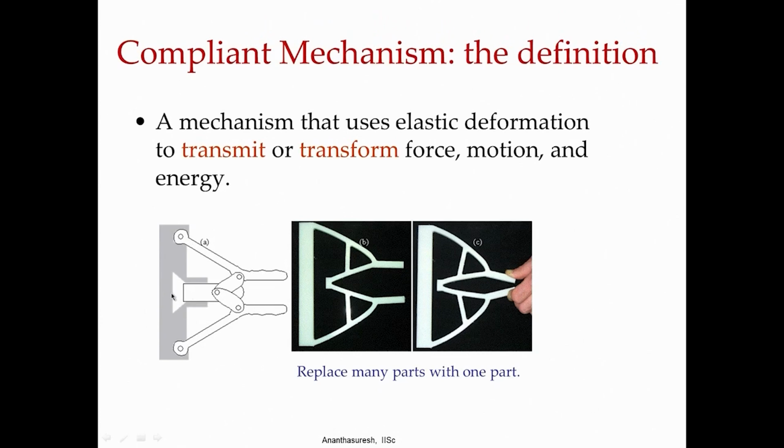It is a mechanism, because if you put an object there, it will do some work on it. The same thing you can get with a device that does not have any joints, only elastic segments here. This transforms the force that you apply at the handles to somewhere else to do some work: force, motion or even energy. The transform part of it will come a little later in this lecture.